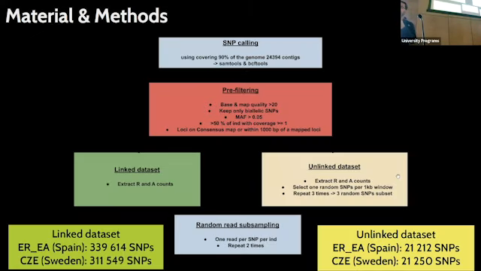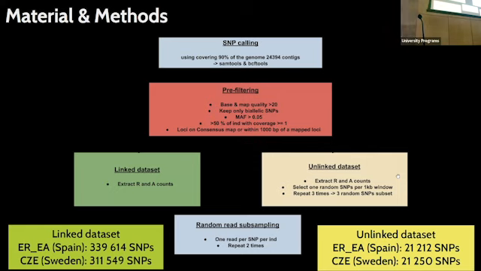This is just the bioinformatic pipeline, really. We had a few tricky spots there, but I'm just going to go through it quickly. Basically, we subsampled the reads randomly to call the SNPs, and we used two different data sets.